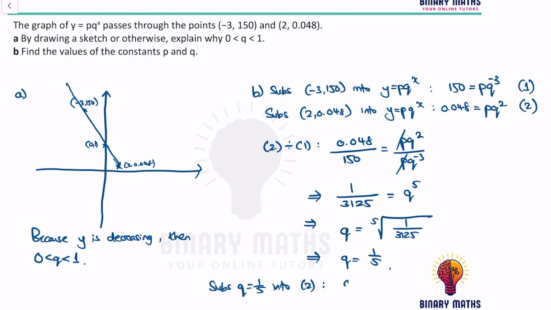Then I end up getting 0.048 = p times (1/5)^2. So p must be equal to 0.048 divided by (1/5)^2, which ends up being 6/5. So my solutions are q = 1/5 and p = 6/5.